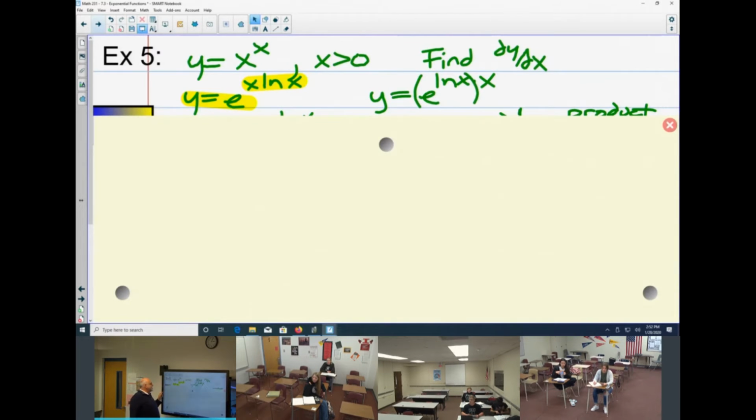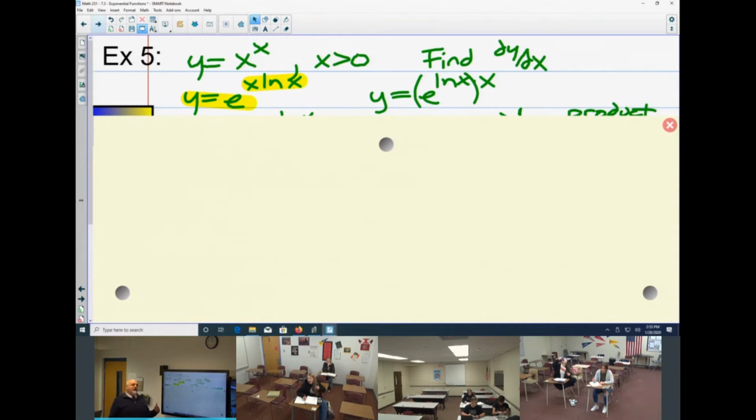So this is the one that we're going to do, if we have x to the x power. The first thing we're going to do, and this is the blank there, is that we want to rewrite x to the x as e to the x natural log x. So we're just rewriting it a little bit. Now, this example 5 that I go through is also practice 5.